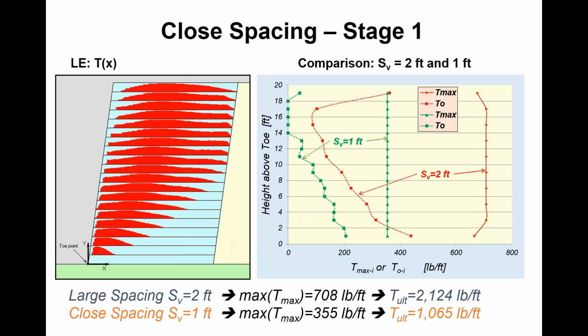We have comparison to numerical models, but the fact is, a lot of the failed MSE structures we've seen, well, nobody's intentionally designing to fail in a strength limit state. Often they fail due to poor construction or other conditions that dictate why they fail, water, for example. But we don't really have that much information on them. So unfortunately, it's tough to say whether something's very conservative or not.